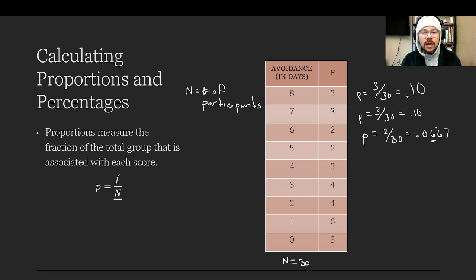A reminder for rounding: if you have a third value after the decimal that is 4 or lower, so if it were 4, 3, 2, 1, or 0, you would leave the second decimal as is. On the other hand, if the third value after the decimal is a number that is 5 or higher, 5, 6, 7, 8, or 9, that is indicating to you that you need to take the value in the second decimal place and move it up 1. Increase its value by 1.